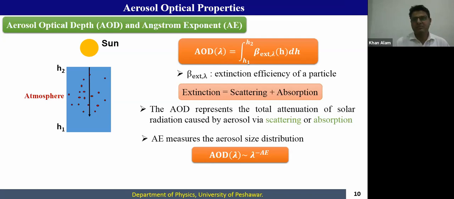On the other side, angstrom exponent is another optical parameter that can be used as an aerosol particle size indicator. So for fine particles, the angstrom exponent should be high, whereas for the large particles or dust particles, the angstrom exponent will be small.